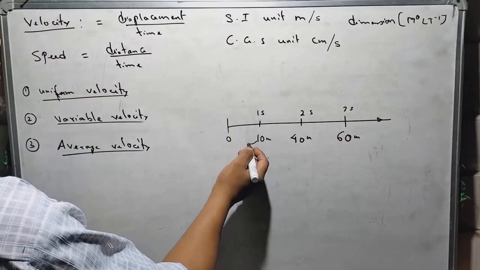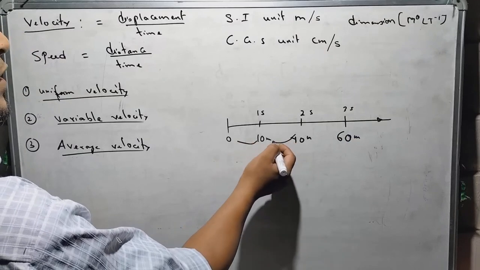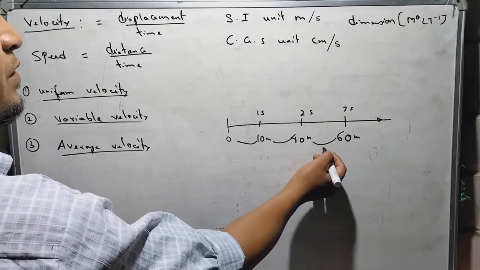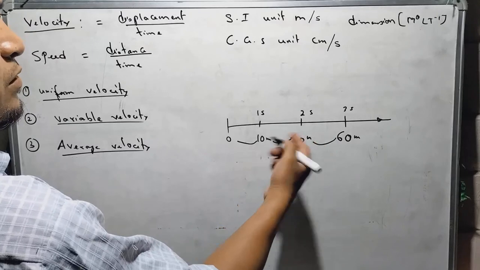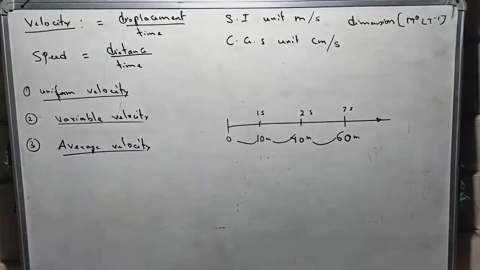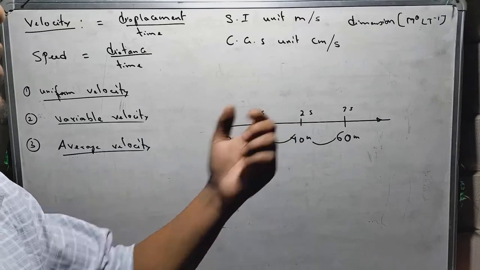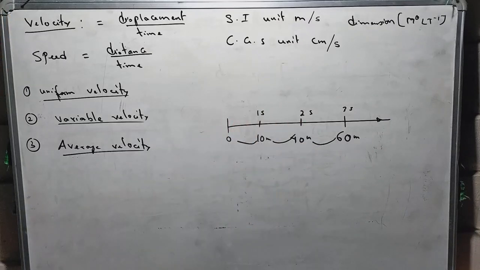So what is the difference from here to here? This is 10 meter, this is 20 meter, this is 20 meter. It means the change in the displacement of the car is not the same in the same interval of time. So that type of velocity is known as variable velocity.